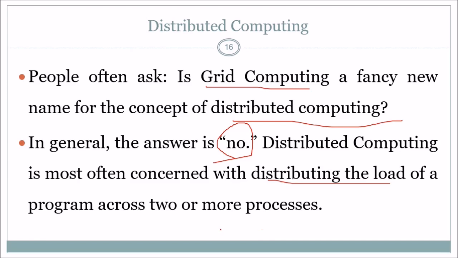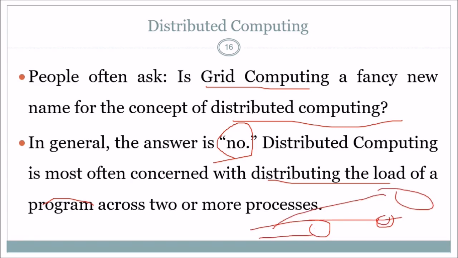So if we distribute the load of the processing to two or many processors, you are distributing the load of computation basically. This is how distributed computing works. But grid computing is not only about computing. It is about giving the data to a proper grid structure where you have a formalized architecture.